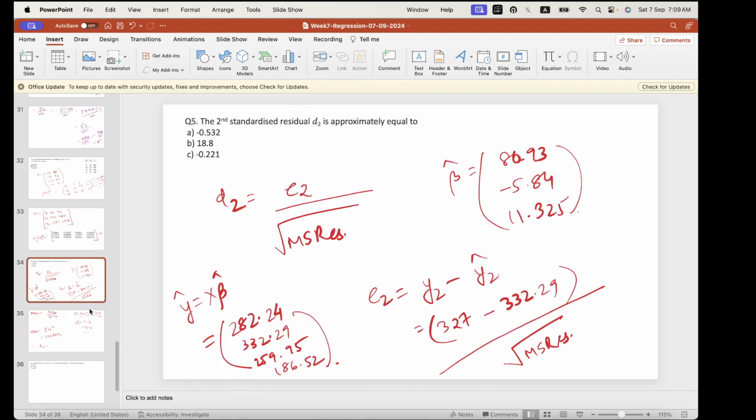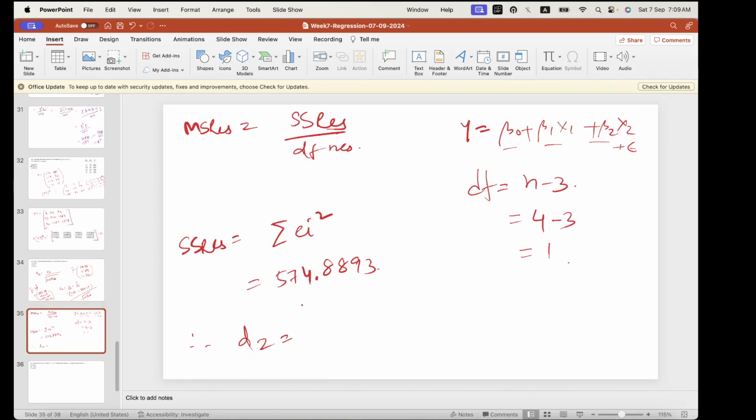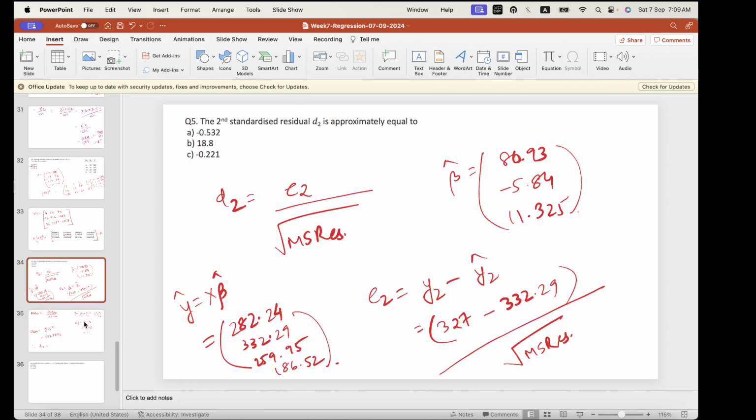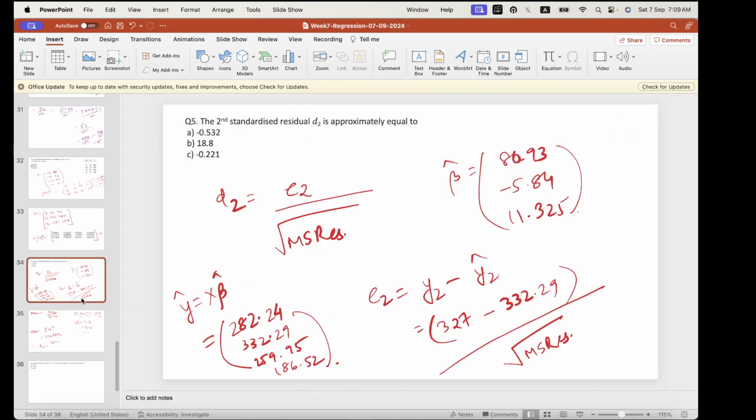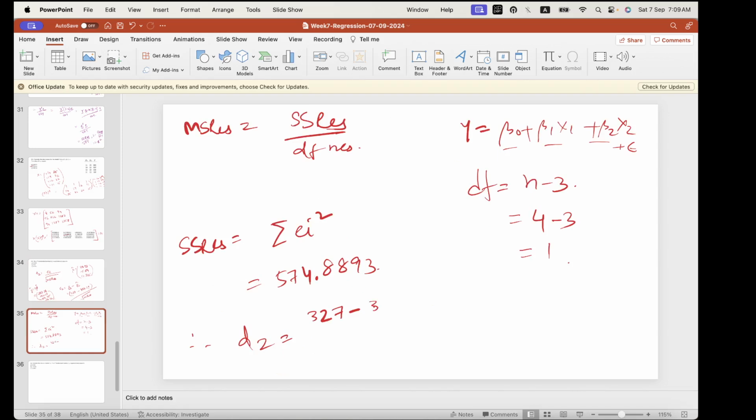Therefore D2 will be E2, which is 327 minus 332.29 divided by root over 574.8893. This is how much?